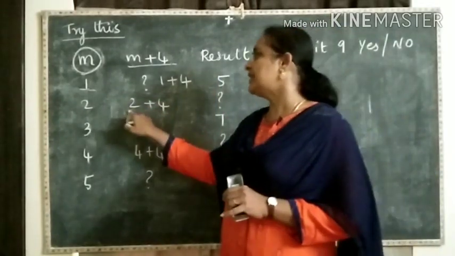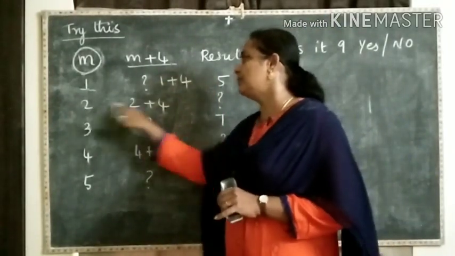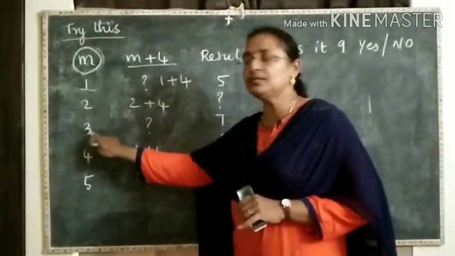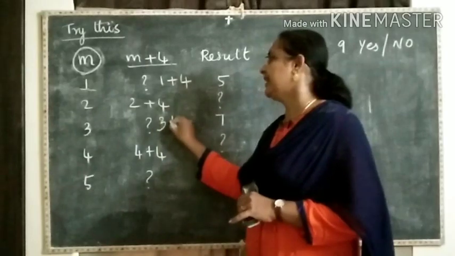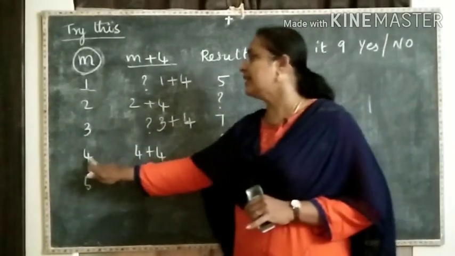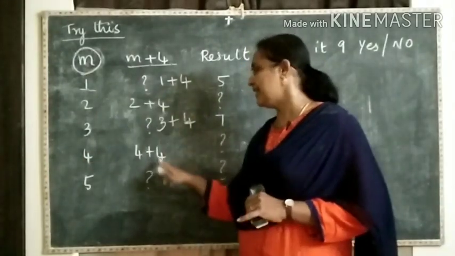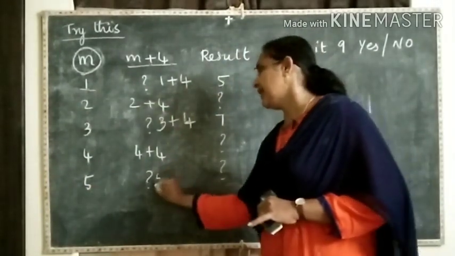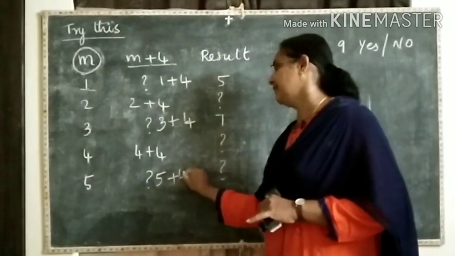Okay. Now the next one, m plus 4 is 2 plus 4. What is the third one? m takes the value 3. So this becomes 3 plus 4. Okay. The next one, m value is 4. 4 plus 4 is given. Now here, m value is 5. So I will write it as 5 plus 4.